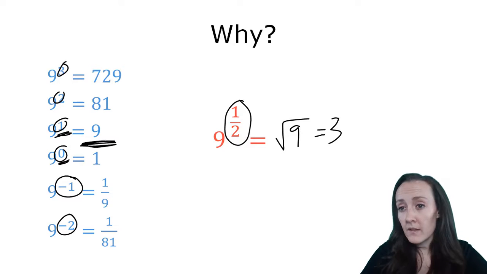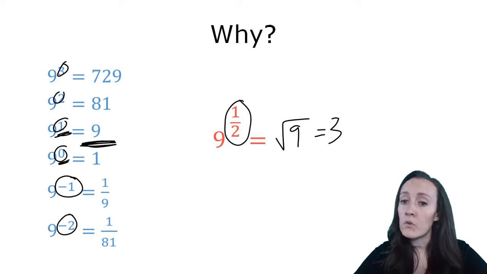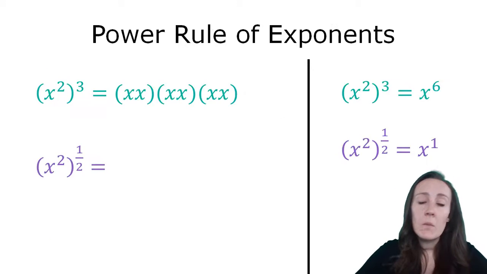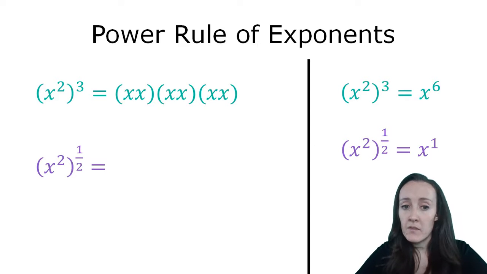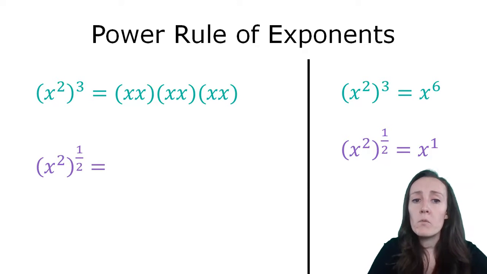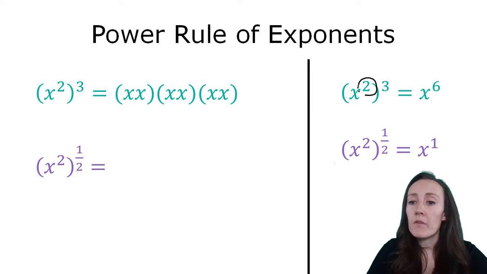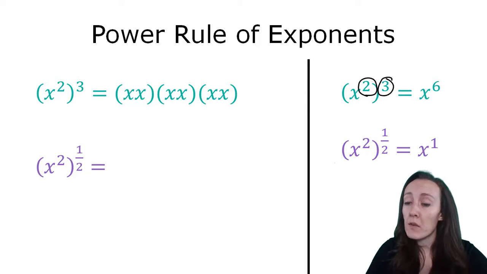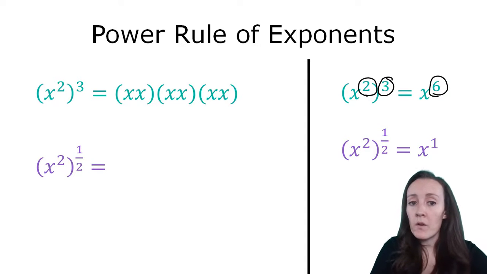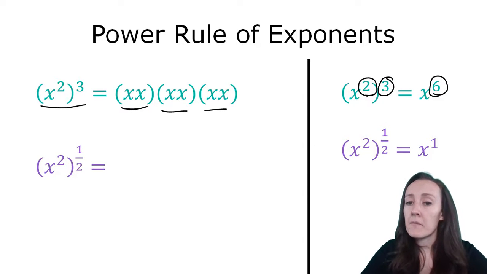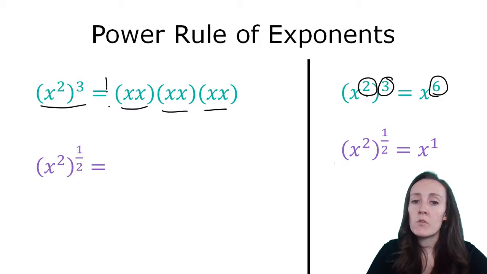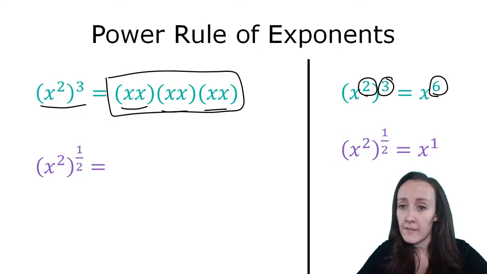The reason we use roots to represent these powers is because of the power rule of exponents. The power rule means that if you have a power to another power, you can multiply the exponents to simplify it. It works because if you had x squared to the third power, you'd have x squared times itself 3 times, which gives you a total of 6 x's.